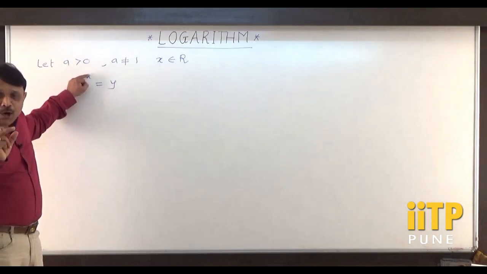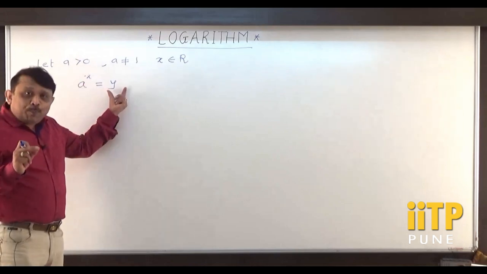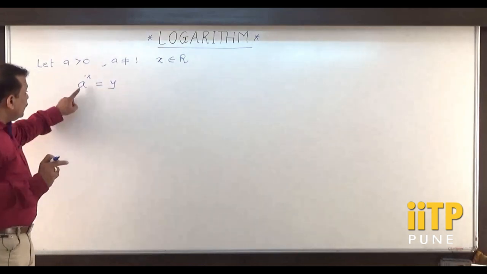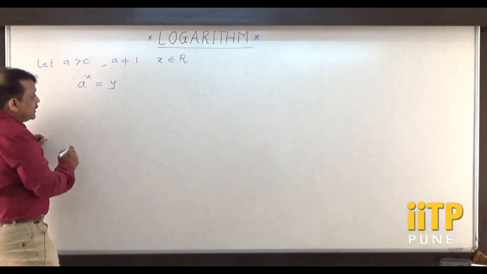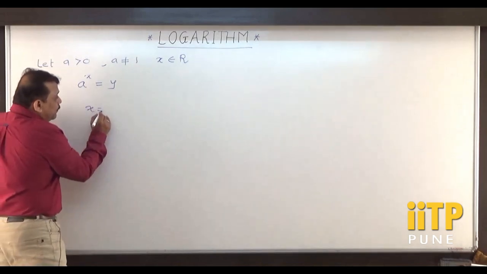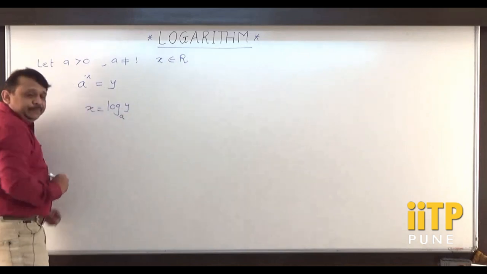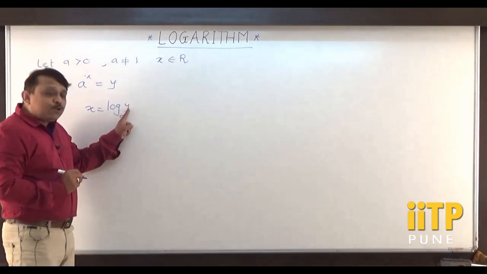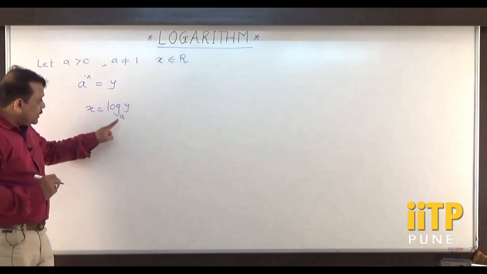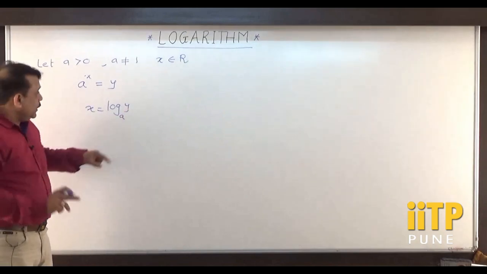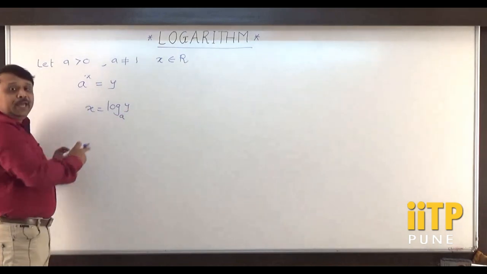This x is called logarithm of the opposite side, that is y, to the base a, and we write this as x is equal to log y to the base a. This y is called the quantity and this a is called the base. Here a is base, here also a is base.